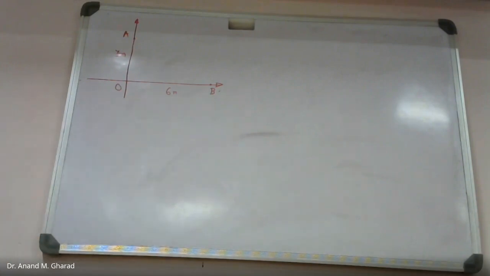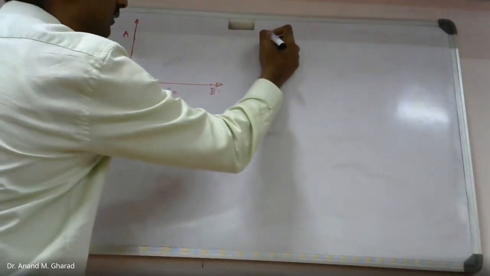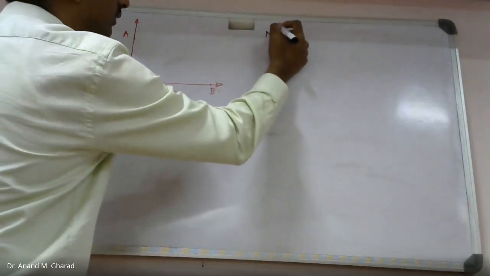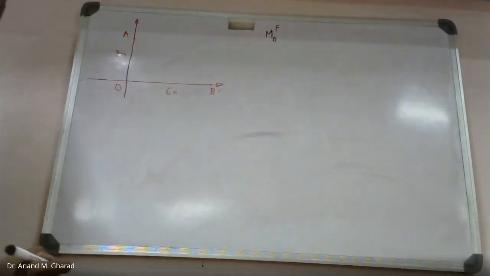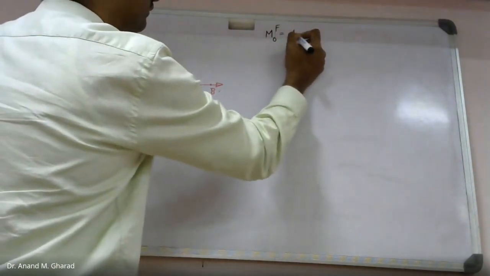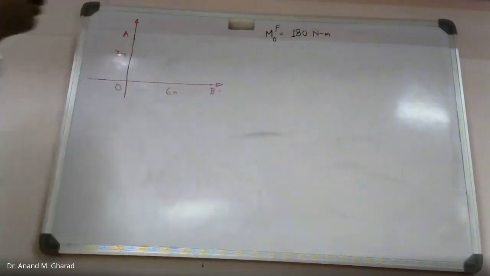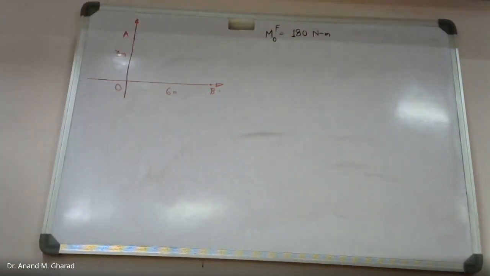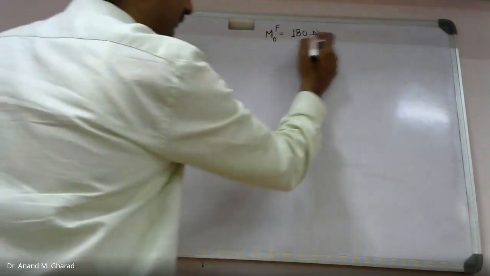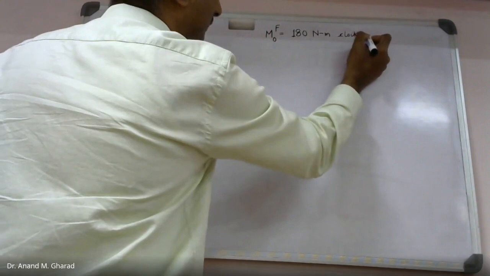And what is the information which is with us? First information is that moment about point O due to certain force capital F, which we need to find out, is 180 Newton meter clockwise. It means positive. This is clockwise.